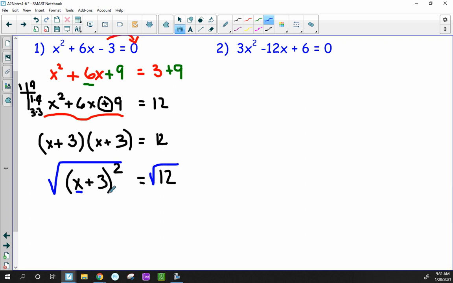Now what's going to happen in this scenario is this binomial, x plus 3, is going to come outside the radical. So that's what's going to be left. The square root of something squared is that something back.